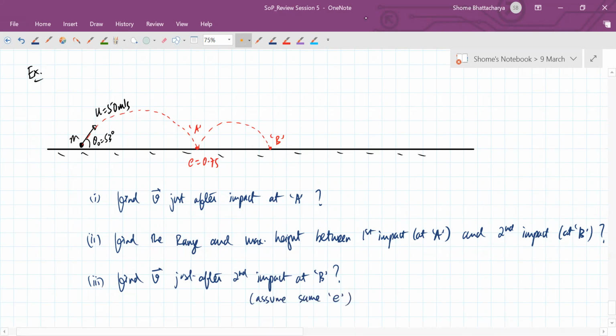I'll leave you a minute to analyze this question, then we'll discuss how to solve it. Take the value of g as 10 meters per second square. For the second part, we're going to require that value.